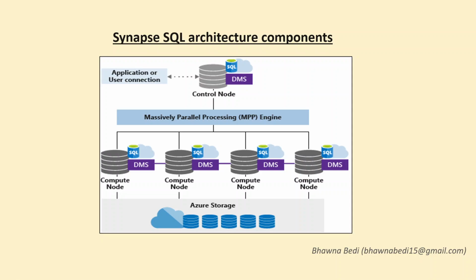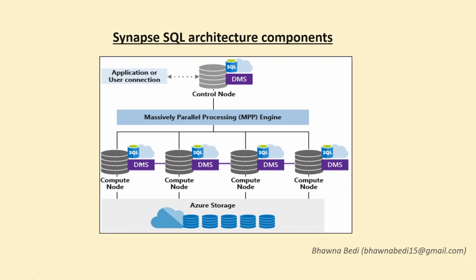So let's say you have written select star from a table. It optimizes your query and distributes it for parallel processing to the compute nodes, and these compute nodes in turn store the data inside your Azure storage. These compute nodes run your queries in parallel.